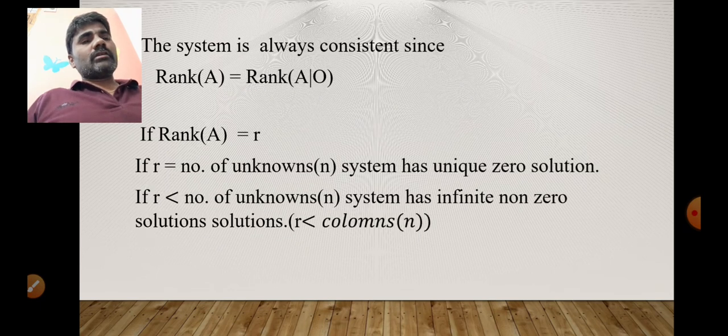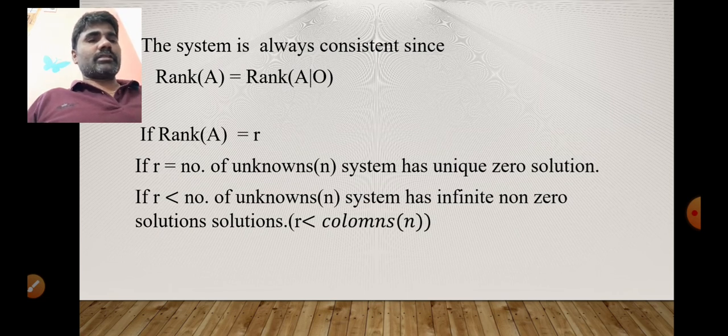This is always consistent. Now, if it is consistent, how many solutions does it have? When does the system Ax equals 0 have a non-zero solution? The zero solution is always a solution, okay, fine. But for a non-zero solution, let rank of A equal r. If r equals the number of columns, the number of unknowns, the system has only one solution, that is the zero solution.